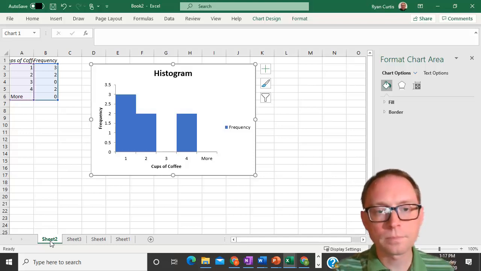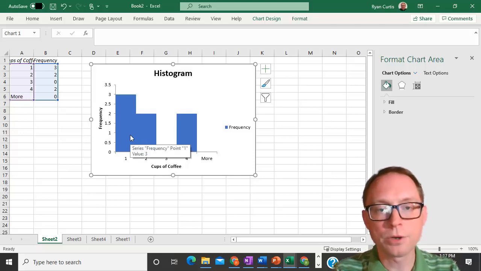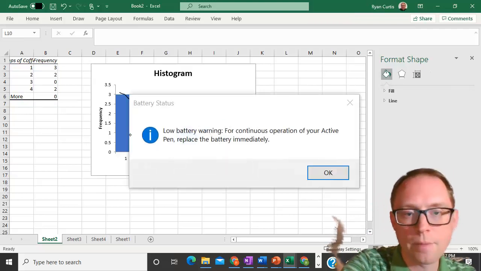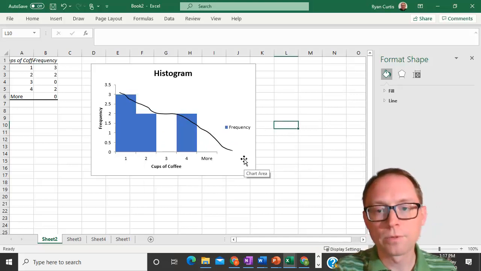Here's cups of coffee in histogram form. You'll notice that we actually kind of drop off when we do this. Thank you for telling me I have a low battery. All right, we're dropping off. That would be the histogram for cups of coffee.